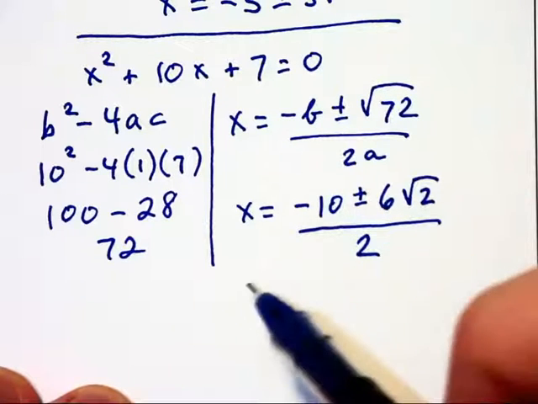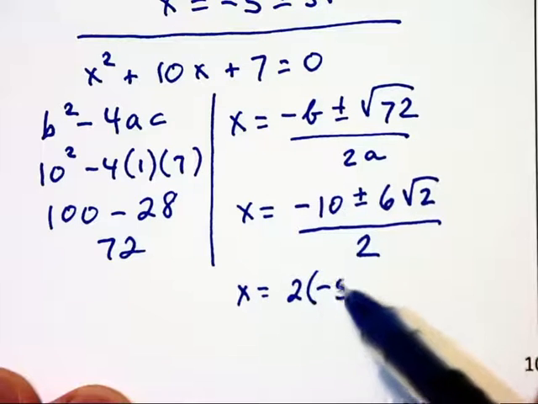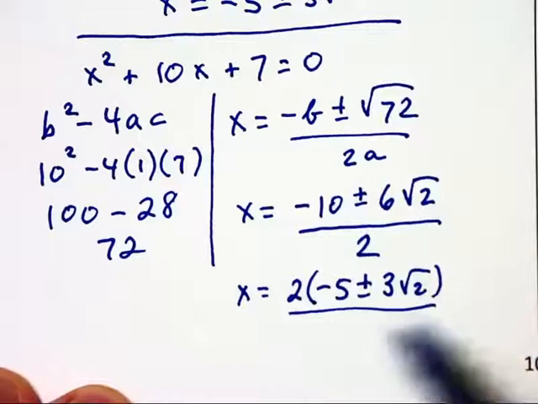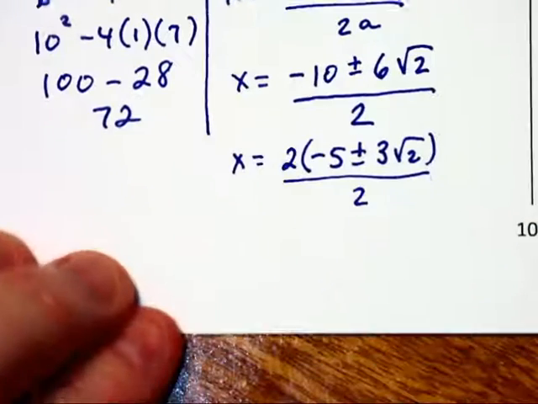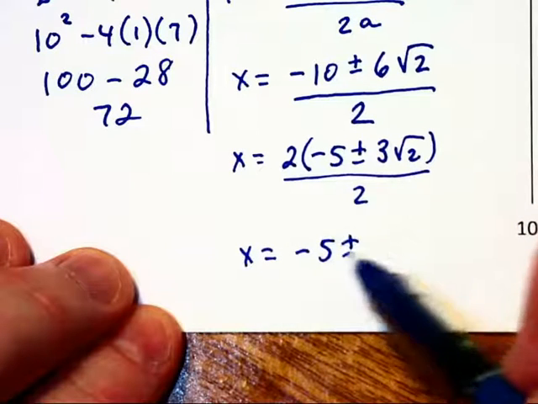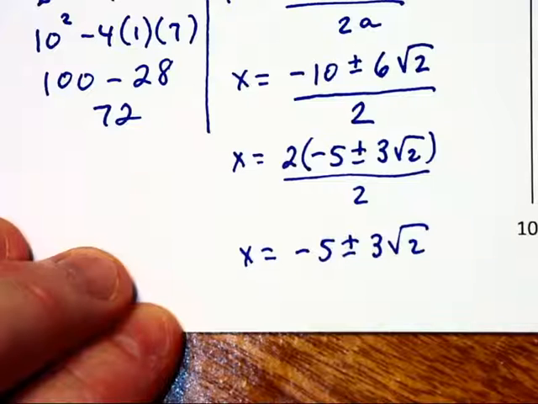And we really want to factor out a 2 from the numerator to have negative 5 plus or minus 3 root 2 all over the 2, which we can then reduce to x equals negative 5 plus or minus 3 root 2, and that is consistent with what we had up above.